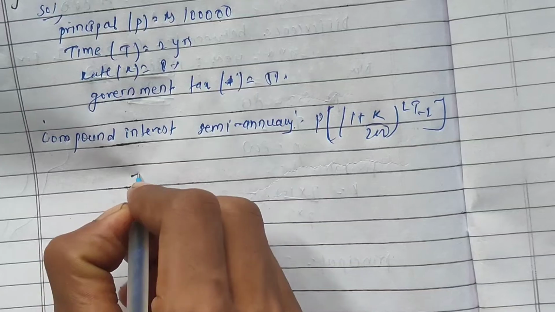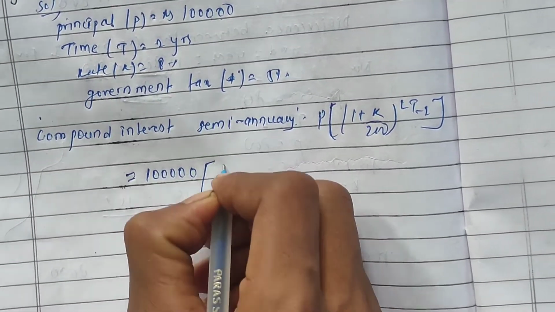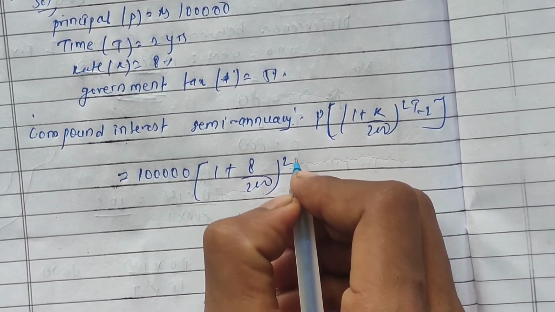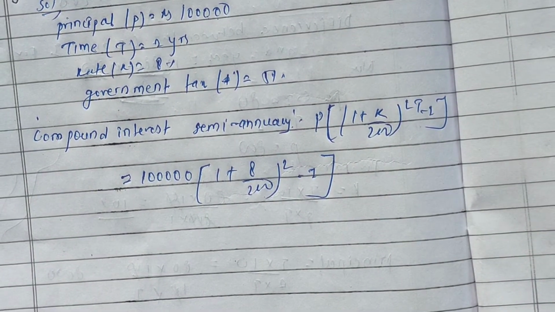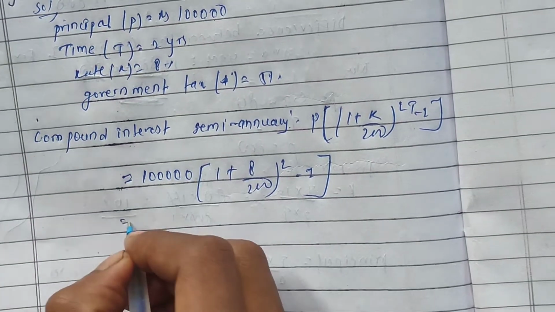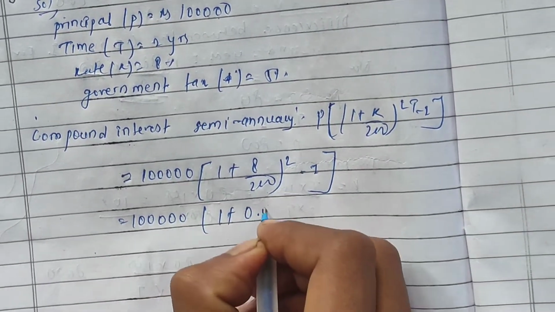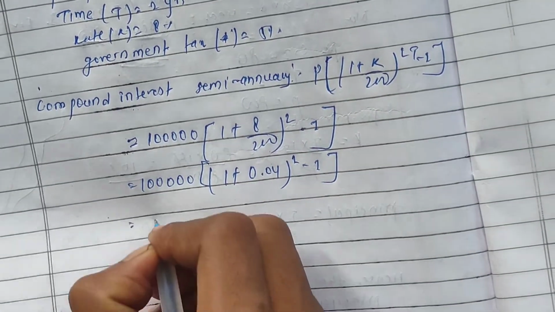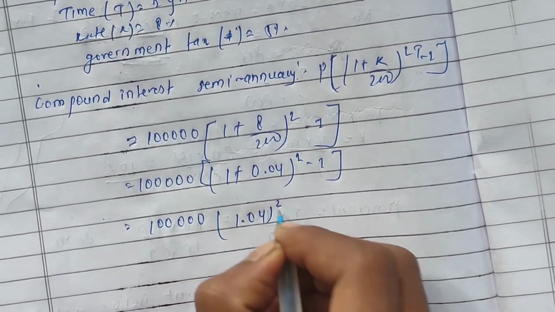Now the principal is 1 lakh, and the rate of interest is 8 by 200, power 2. Time is 1 year, so 2 into 1 is 2. Now 8 by 200 is 0.04, so 1 plus 0.04 whole square minus 1.